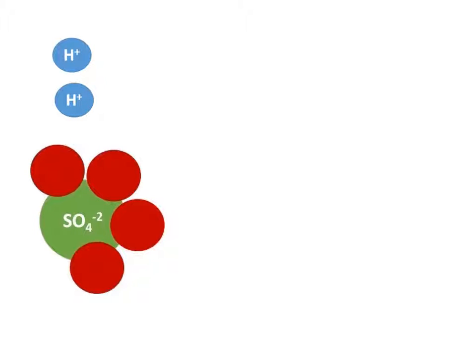So when sulfuric acid dissociates, it produces the hydrogen ions. So here we have our hydrogen ions, and it's also going to create the sulfate ion, which is right here. And in the last video, we explained why our sulfate ion has a -2 charge. I'm just going to quickly recap.